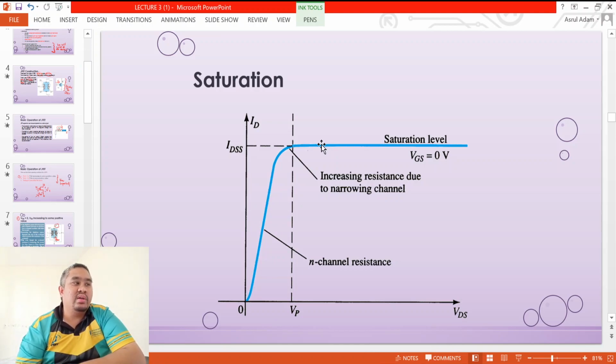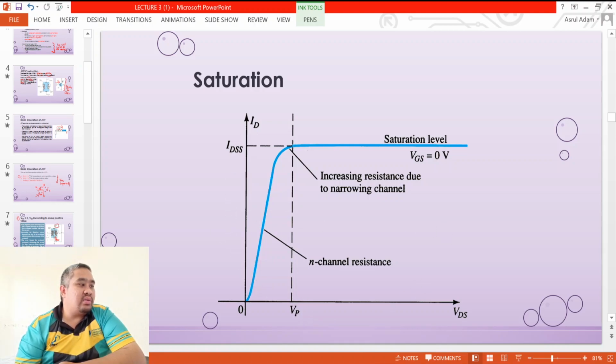At this point, we can trace a new parameter, which is VP. And then we have IDSS. IDSS and VP will become our constant values for JFET.